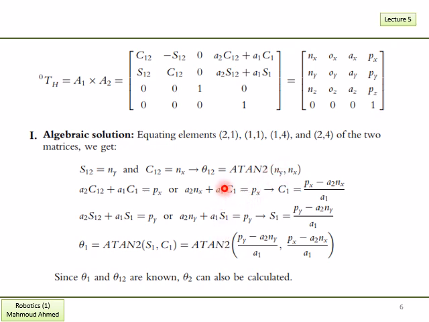Okay, in the first step, we find theta 1 plus theta 2. Then, by using the element 1, 4, row 1, column 4, which is a2 cosine theta 1 plus theta 2 plus a1 cosine theta 1, this will be equal to px.